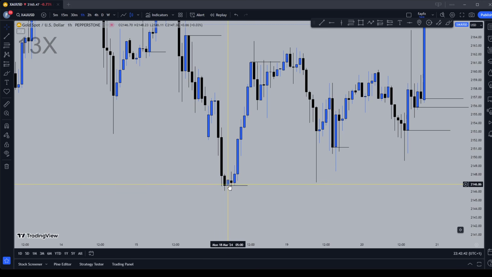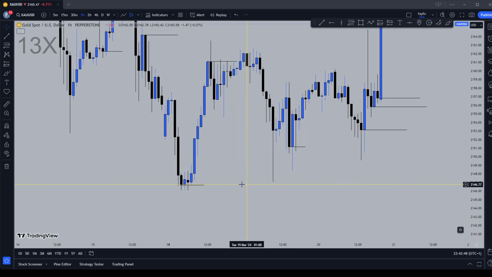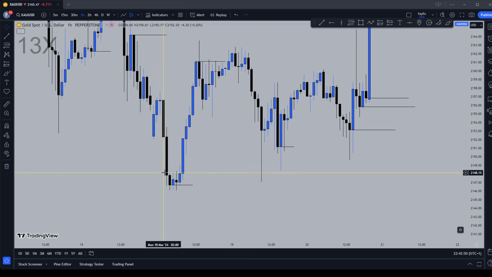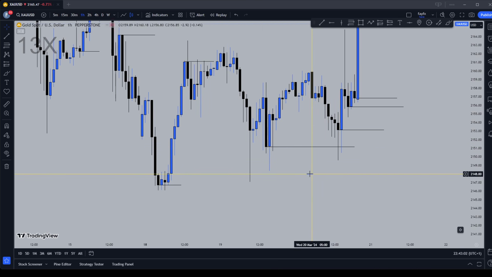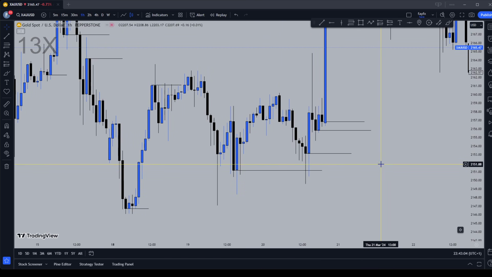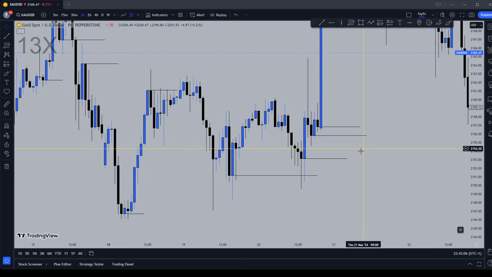The price came down, touched that level, and continued its move up. Notice that price can react from fresh levels and unfresh levels, like we see here, price reacts from an unfresh level. Why? That's what we are going to see in the next lessons.